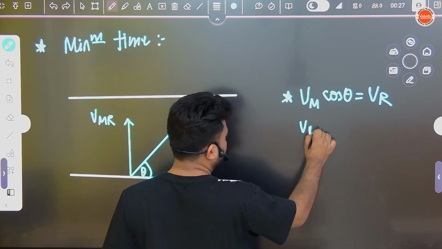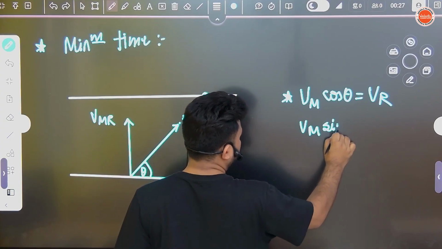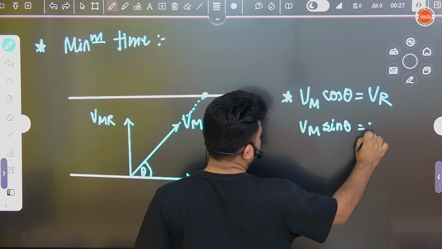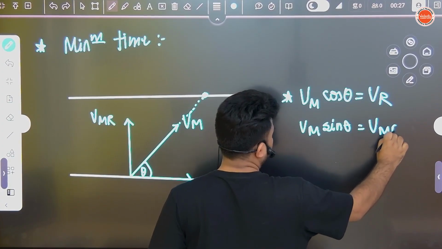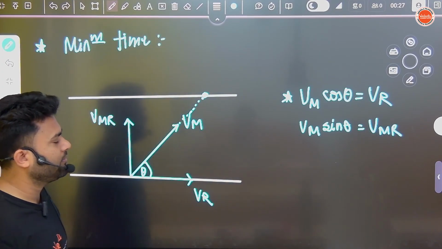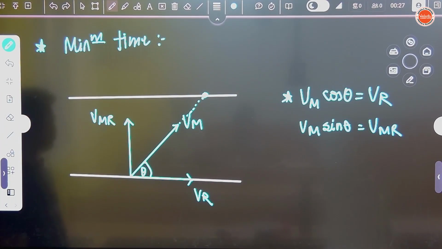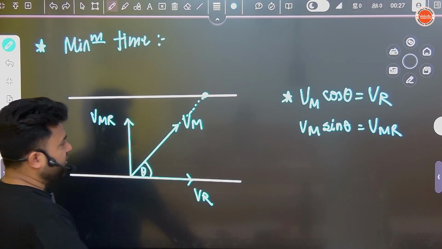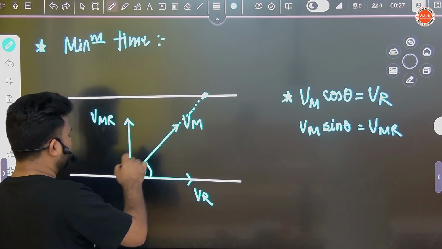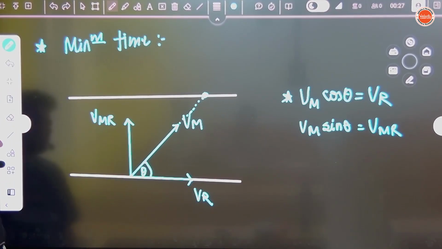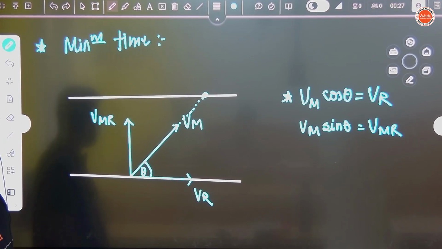Vm sin theta equals VMR. Correct? So this is the first thing they ask. So you should remember this diagram. Okay?